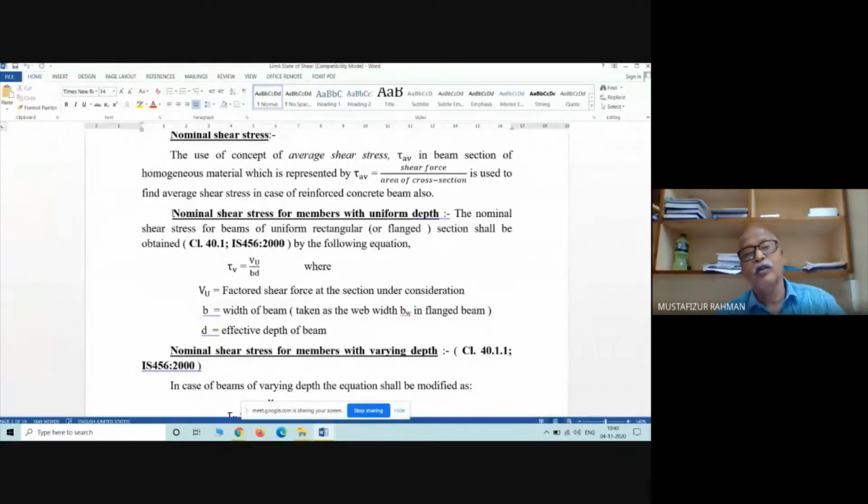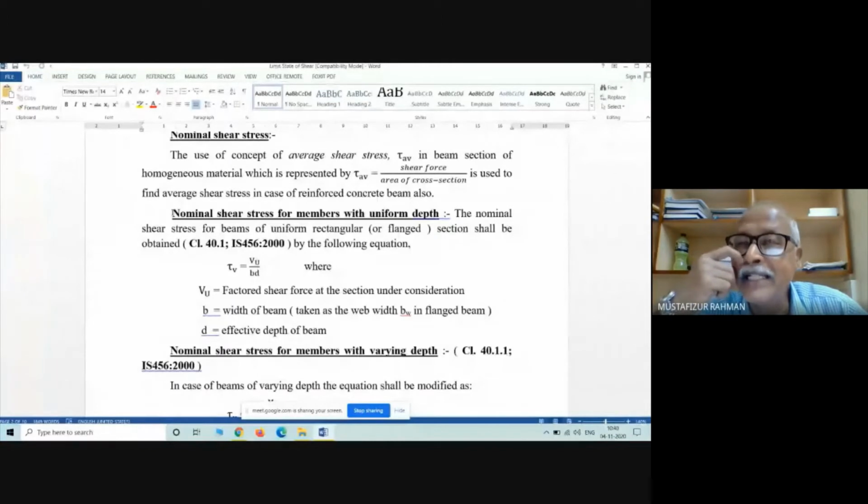Here we use the suffix u for factored or ultimate because it is the limit state method. In case of bending moment, we have written Mu. So by this way, we will be able to find tau v. Now this tau v is the nominal stress.